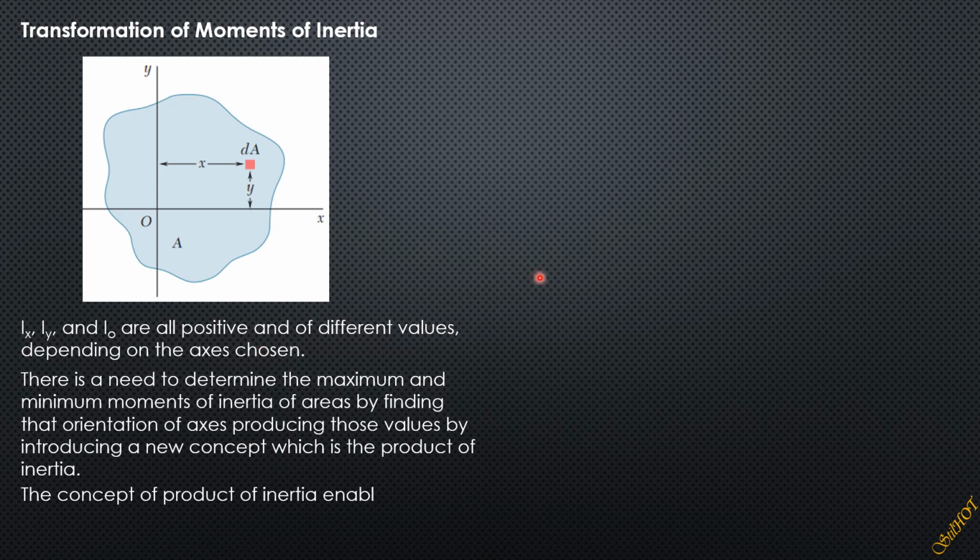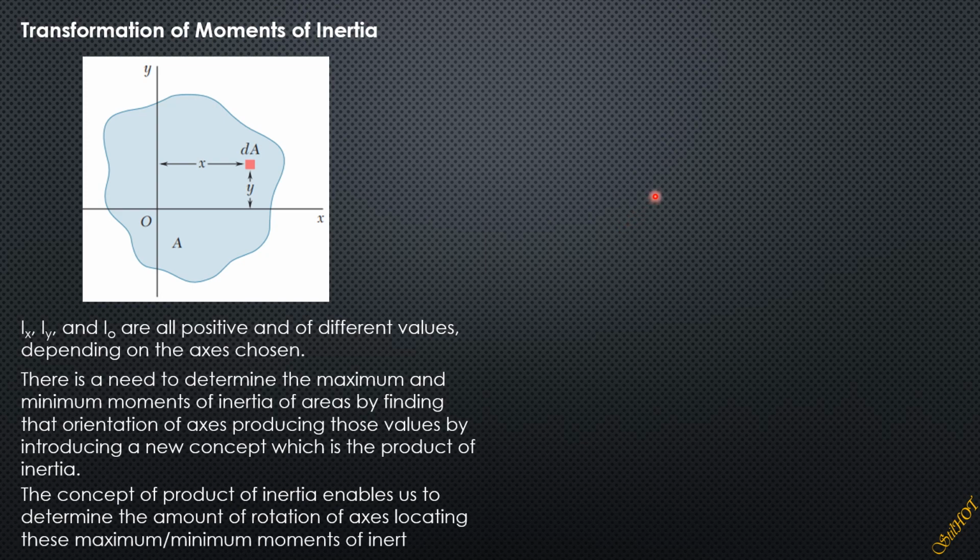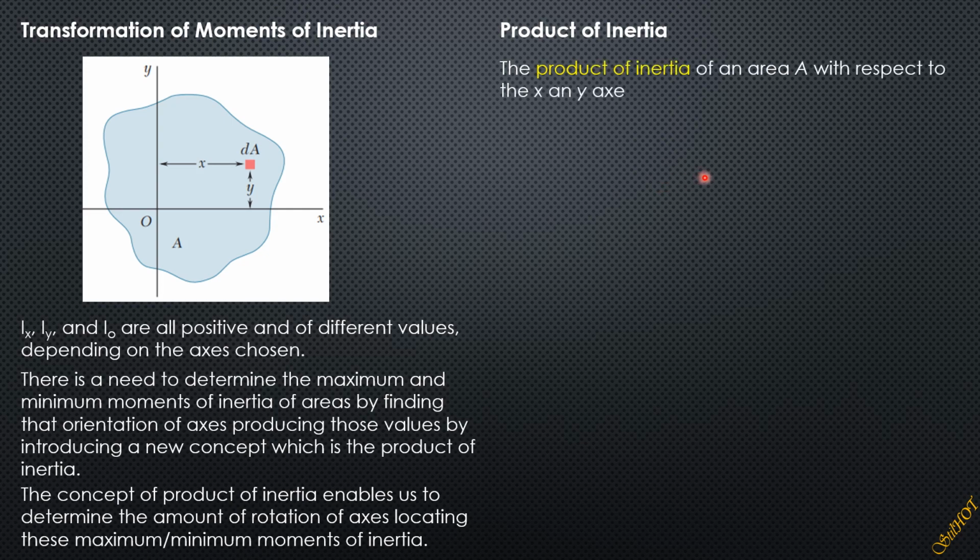The concept of product of inertia enables us to determine the amount of rotation of axes locating these maximum or minimum moments of inertia. The product of inertia is given by the expression integral of x y dA.